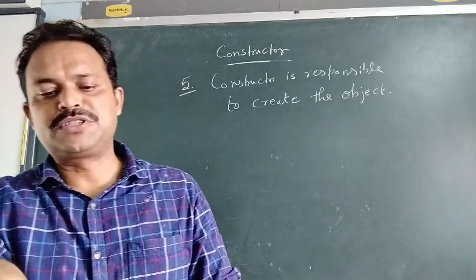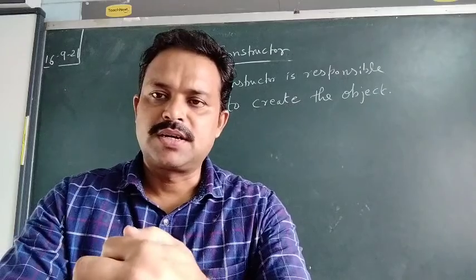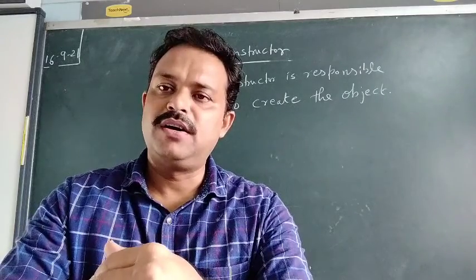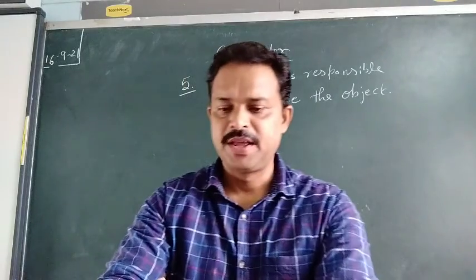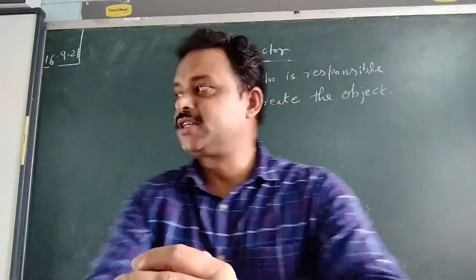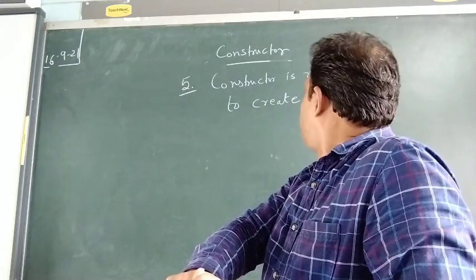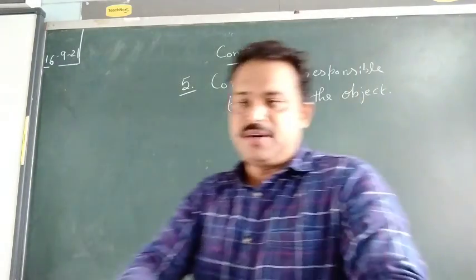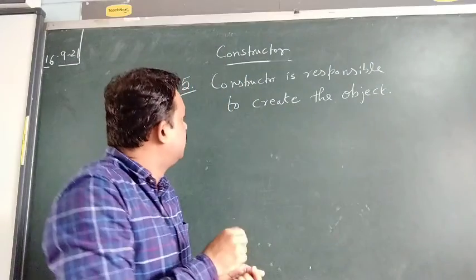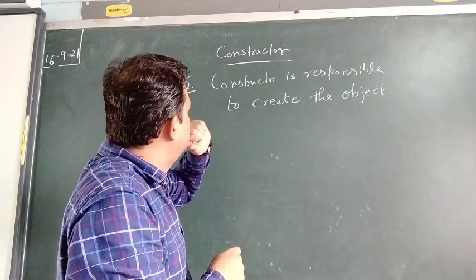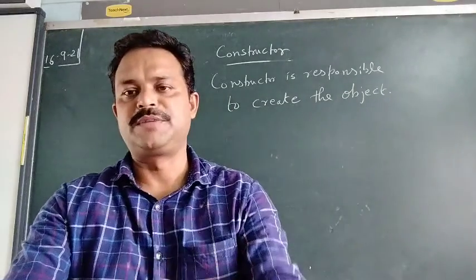Now here a very important question is: sir, in one point you have said that the constructor gets invoked at the time of object creation, and here you are telling that the constructor is responsible to create the object.